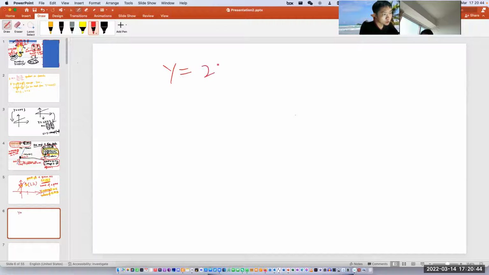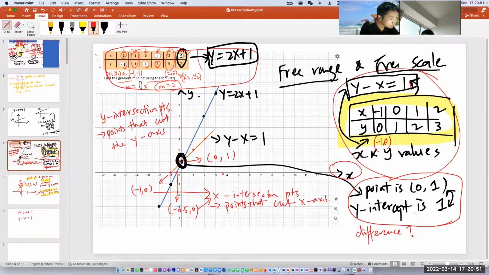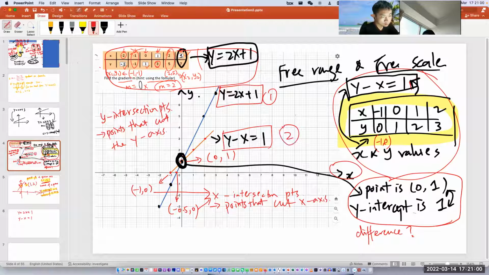You have your equation 1, y equals 2x plus 1, and your equation 2, y minus x is equal to 1.